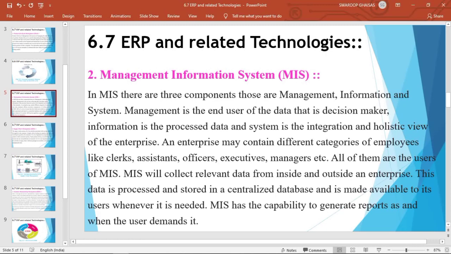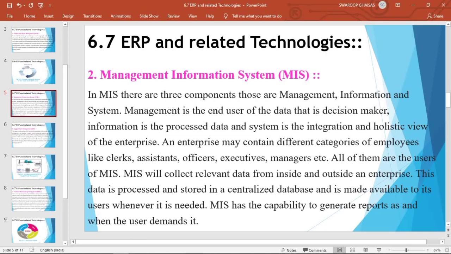MIS will collect the data from inside and outside of the enterprise, and this data is processed and stored in a centralized database so that it is made available to all its users whenever needed. Its users are the different employees, that is clerks, assistants, managers, and they can access this data.